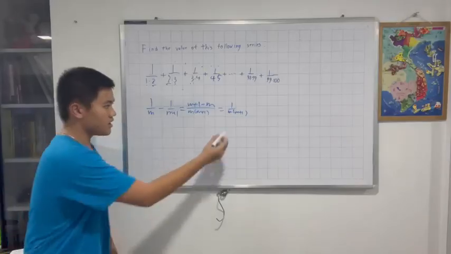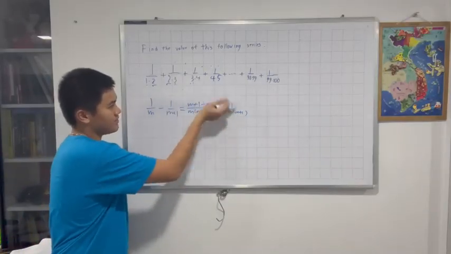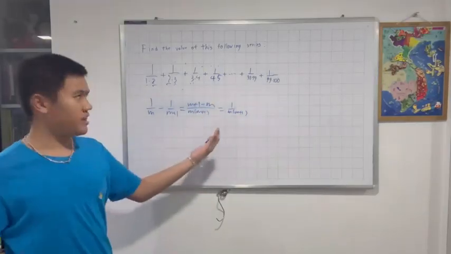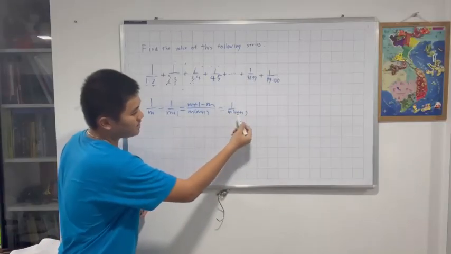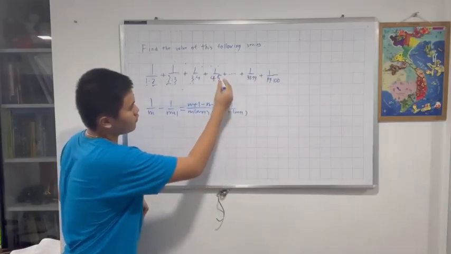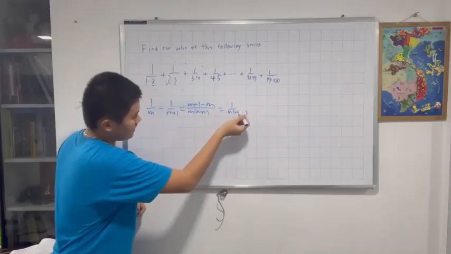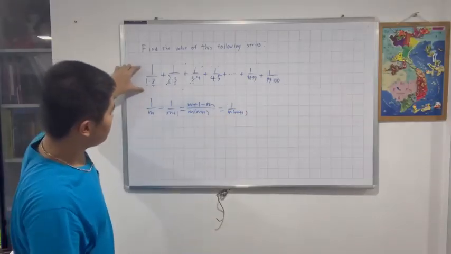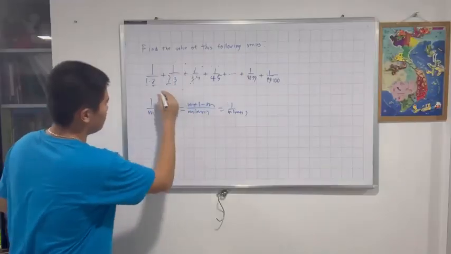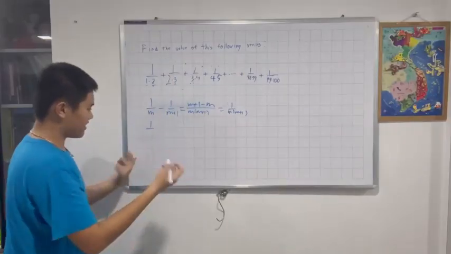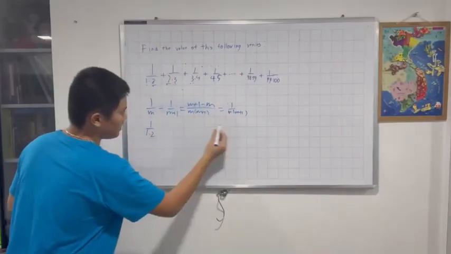Right? So look at this. Compare this with any term here. It's quite literally the same thing: a term multiplied by the term after it, and the numerator is 1, right? So now we can manipulate each term like this. Let's take the first term, 1 over 1 times 2.